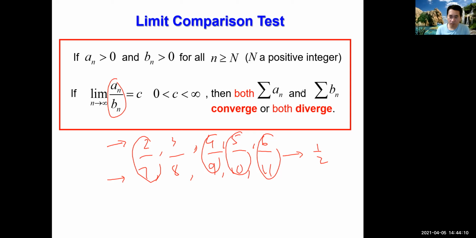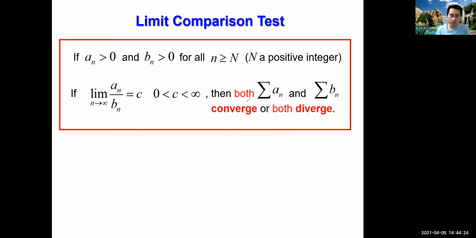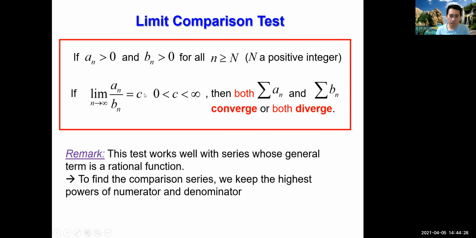A lot of the time this comparison is more useful than direct comparison. Now this test works well with series whose general term is a rational function, so you should expect to see polynomials.